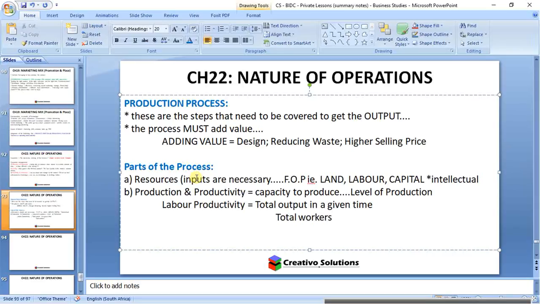Total workers employed. Okay, total workers. I think total workers is fine, eh? Alright, that's what you've got there.